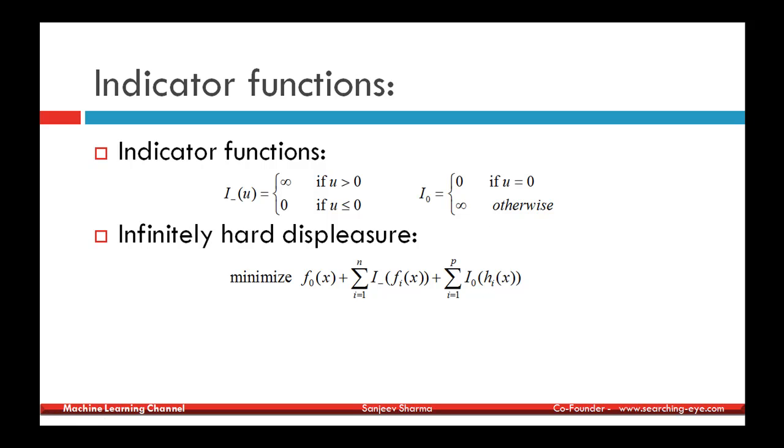So this problem is the same as solving the primal problem with constraints f i less than or equal to 0 and h i equal to 0. Using the indicator functions, we can reformulate this problem. To solve it, x will have to satisfy the constraints, otherwise the value is going to be infinite.